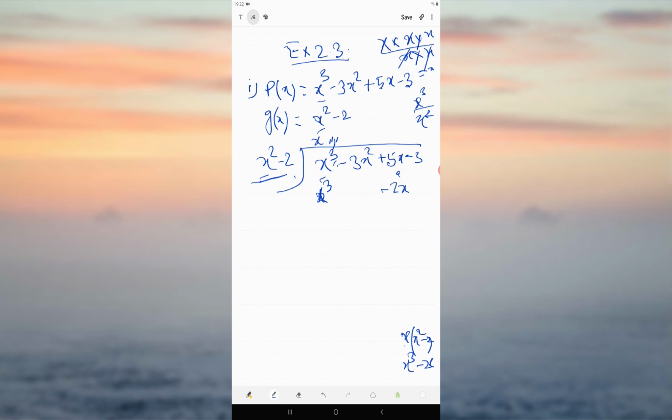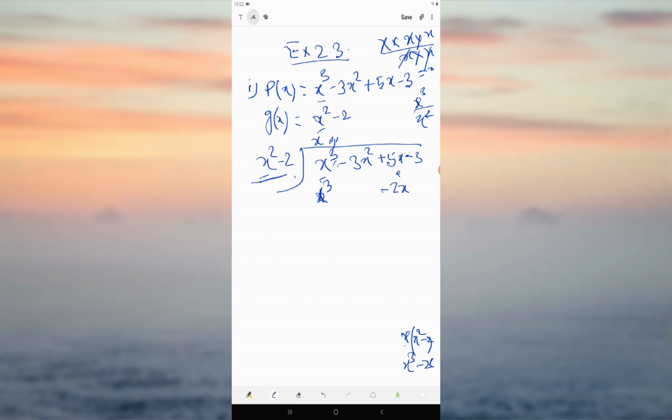Nothing goes near the x square. Why? Because 2x is of the same form as 5x. Both are of the form x to the power 1. So whichever is of the same form, there only you need to write. Don't write 2x near minus 3x square, because they are of different forms.